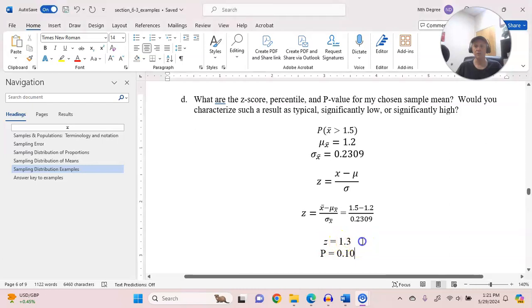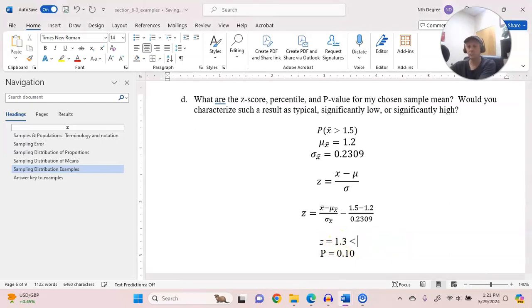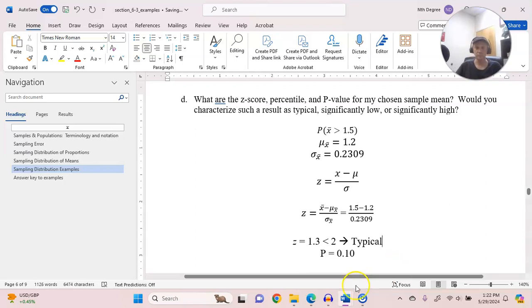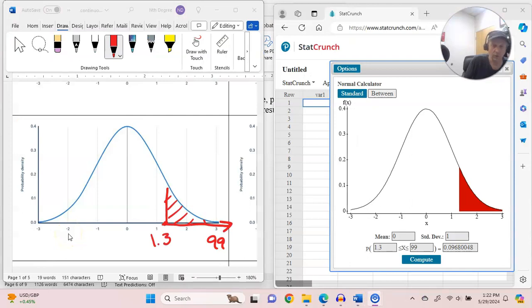So this z-score is less than 2, and we would conclude from that it's a pretty typical sample. On the normal curve, we don't really get to the unusually large ones until about here, two standard deviations away from the mean. 1.3 standard deviations is not that far above the middle.